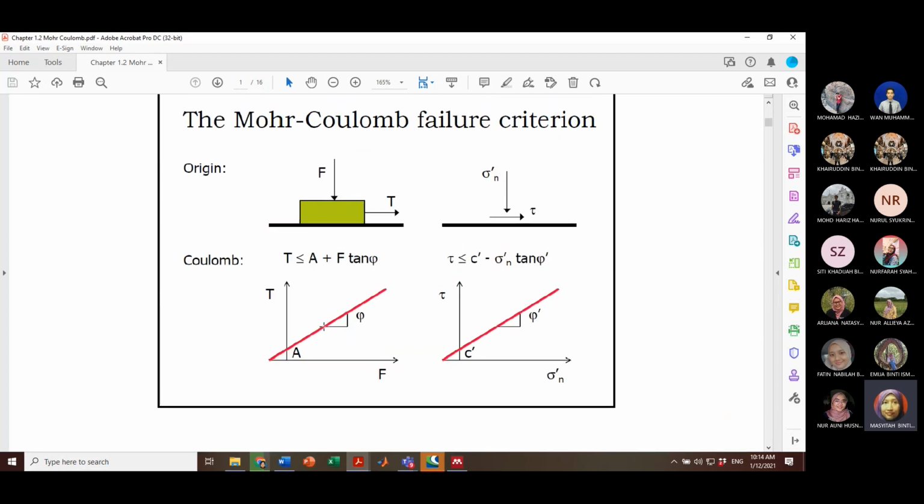Okay, look at one example, or the concept of how we get the equations or relationship when the material is subjected to external load, for example normal load F acting perpendicular to the plane, and a shear force acting parallel to the plane.